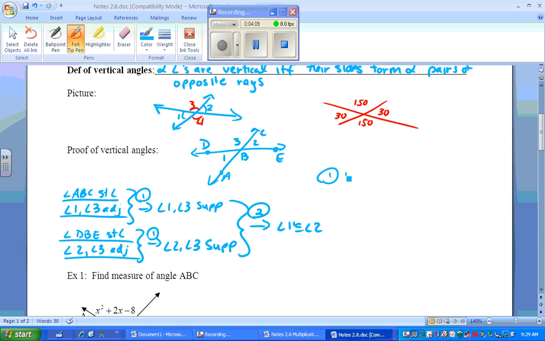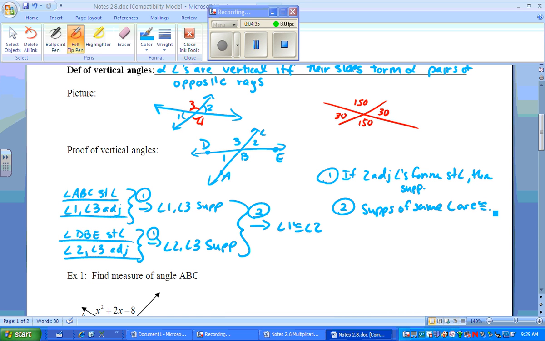So reason 1 is if two adjacent angles form a straight angle, then they are supplementary, and reason 2 was supplements of the same angle are congruent.